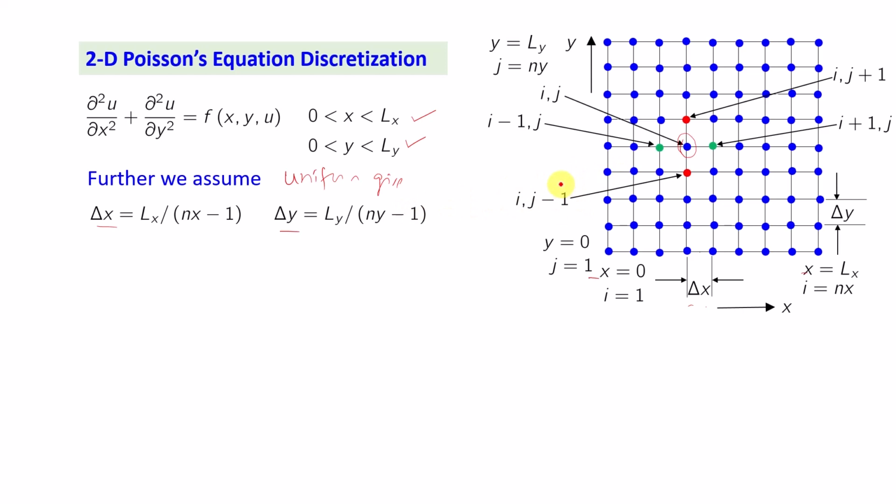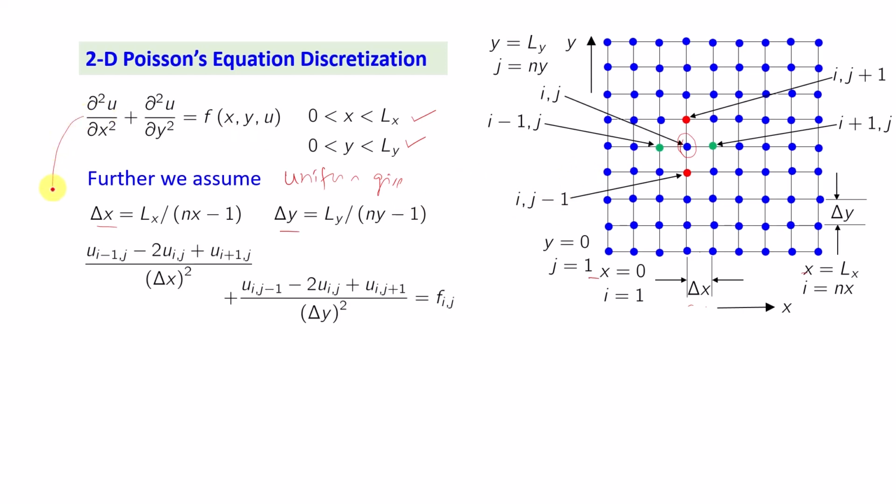Now I discretize this equation. The second derivative del 2 u del x2 is the double derivative over these 3 points. We have a second order accurate scheme, which we already know: u i minus 1, j minus twice u i j plus u i plus 1, j, based on these 3 points, divided by delta x square.